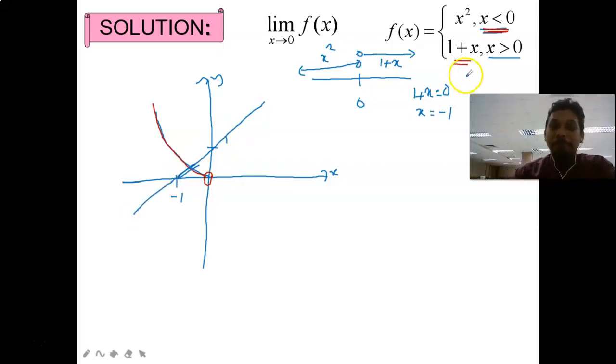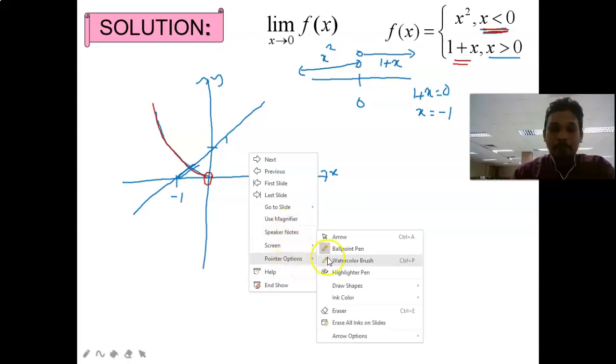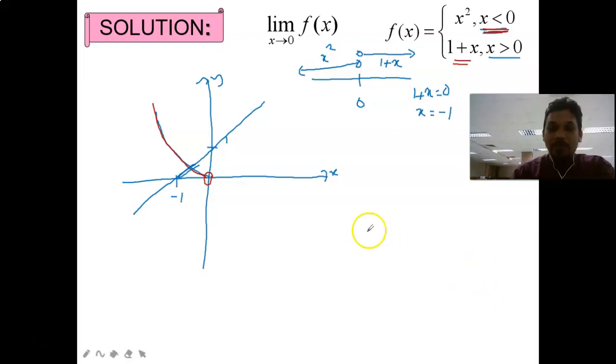But this function is valid only for x greater than 0. So there is another thing that we need to consider here. X greater than 0 means that it's only for this part here.